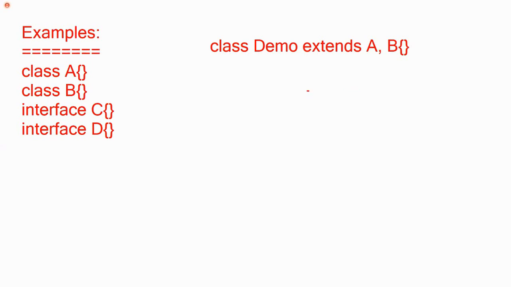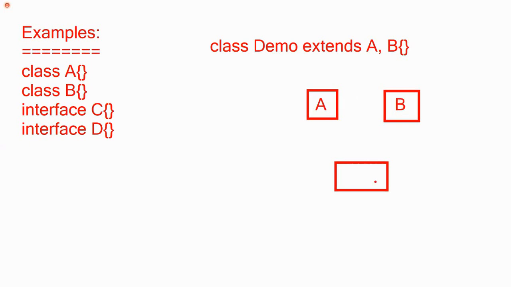Okay, I'll give a diagram. It is A class, it is B class, it is Demo class. Is it valid? This is multiple inheritance.